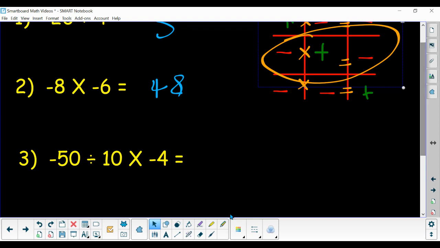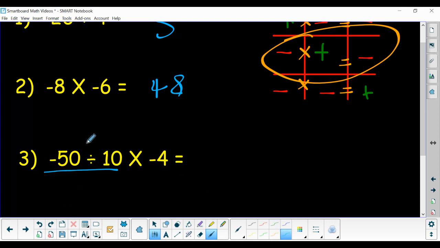No. That just means that right here, I'm going to underline it, so that way we know what numbers I'm talking about. I'm going to underline it to give my answer underneath it. Negative 50 divided by positive 10, which is right here. Your 50 would be the negative, and your 10 would be the positive. You end up with a negative answer. Negative 5 in this case.